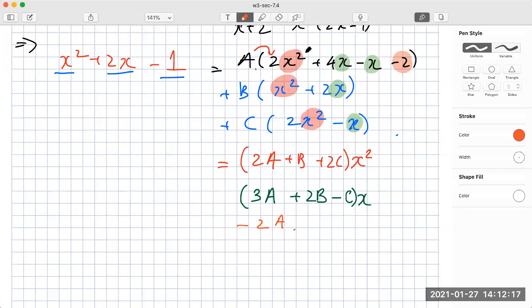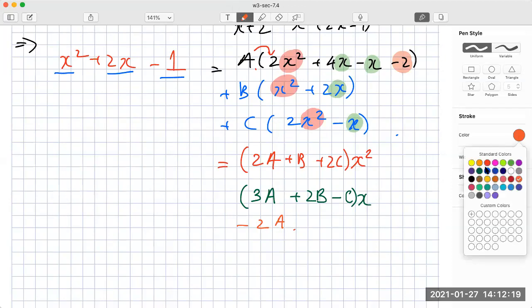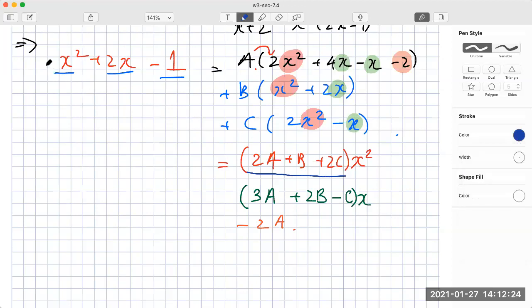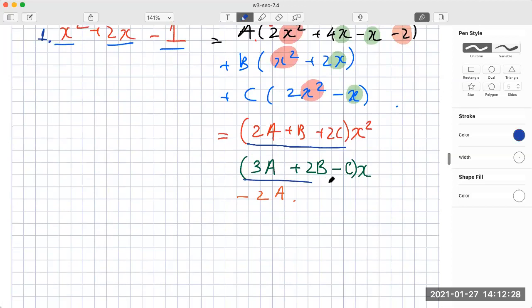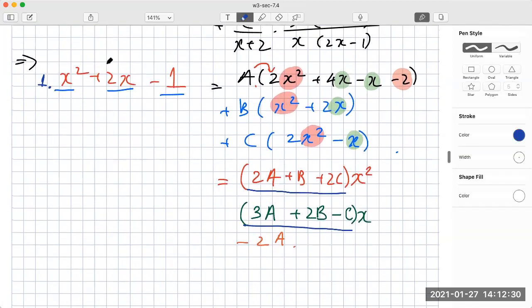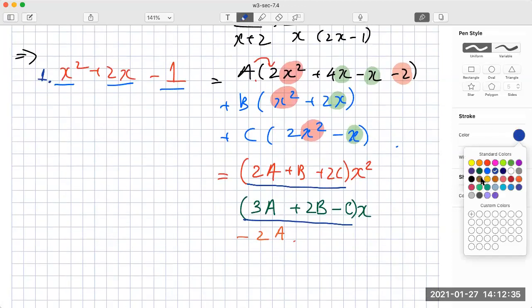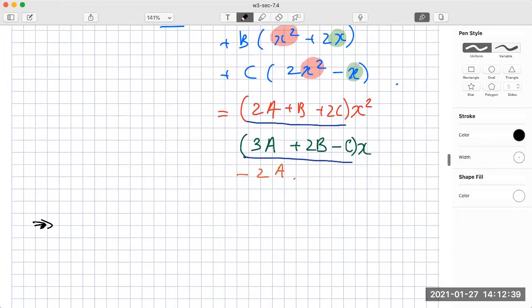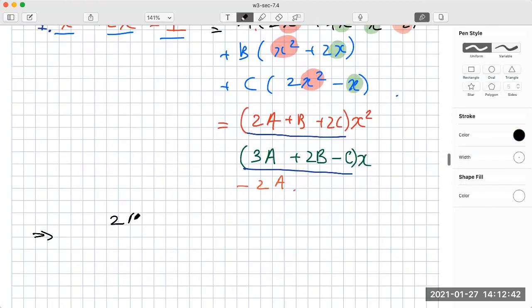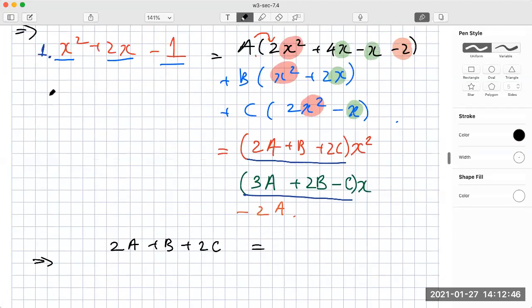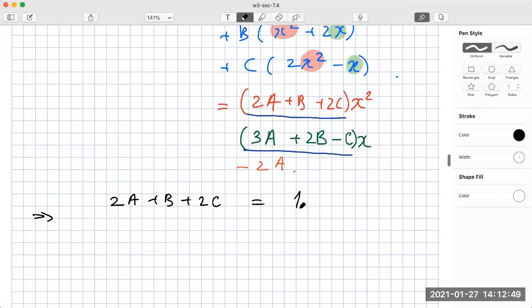Therefore, from this, we know that this guy should be, very good, this guy should be 2. And this guy will be, very good. So in the end, we conclude that 2a plus b plus 2c should be this coefficient, which is 1.